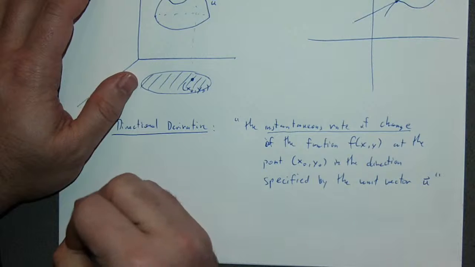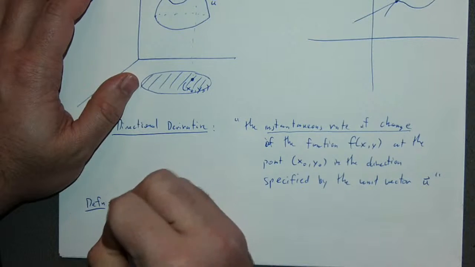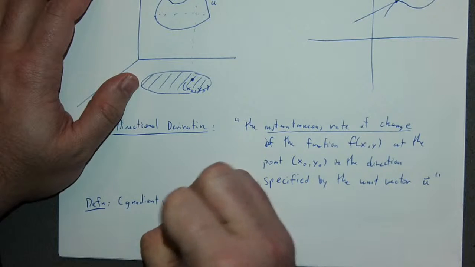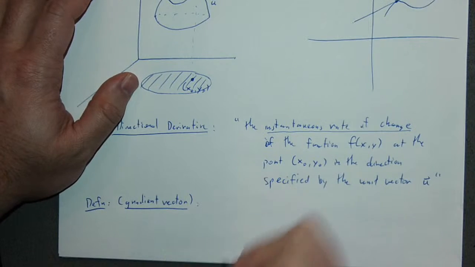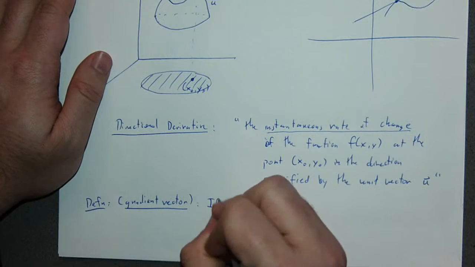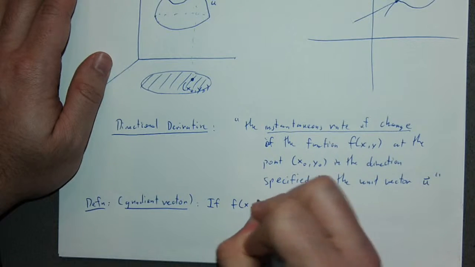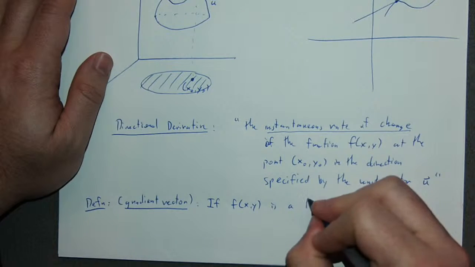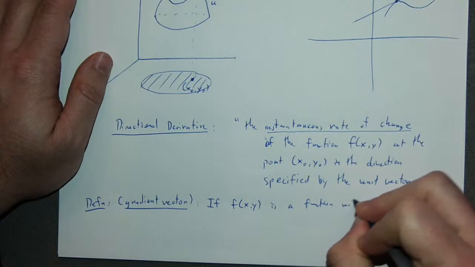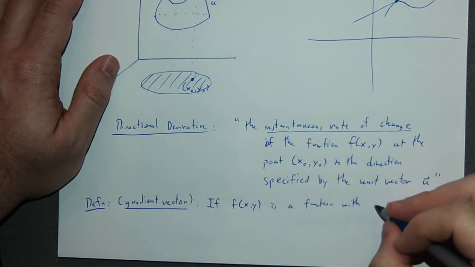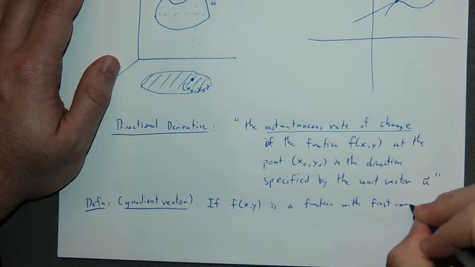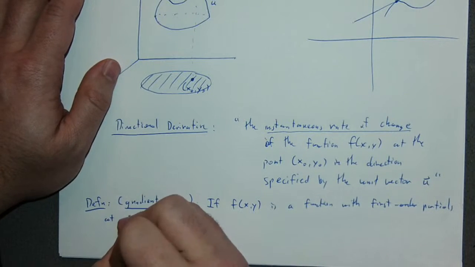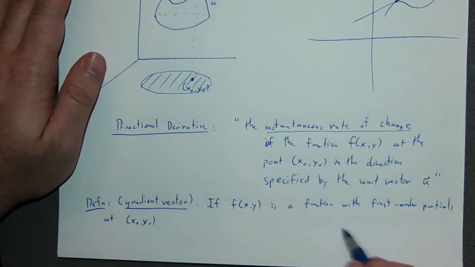So, definition of the gradient vector. If f of x y is a function with first order partials at x naught y naught, what do we mean when we say that it has first order partials?